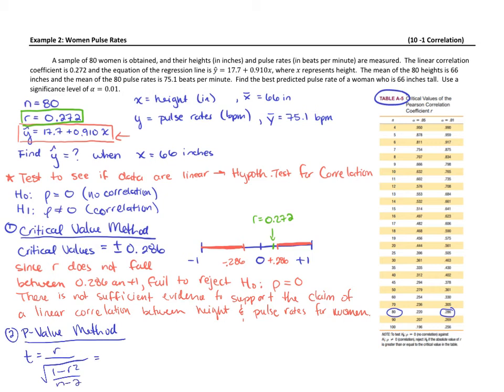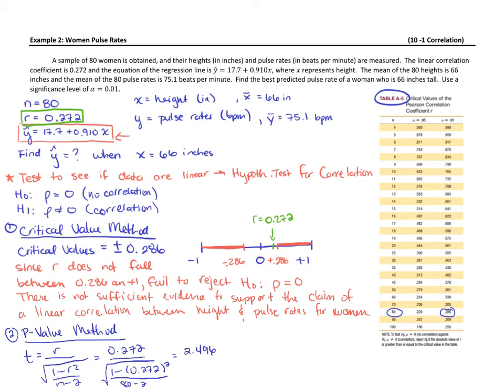So if we do all the substitutions here, that's 0.272 divided by the square root of 1 minus 0.272 squared, divided by 80 minus 2. That's going to give us 2.496, okay?